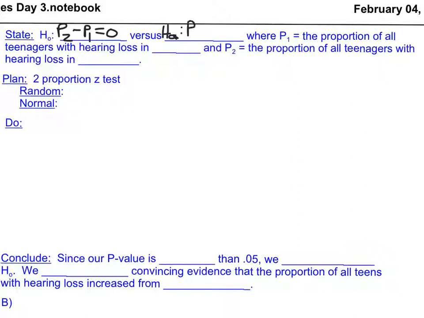So HA is going to say that P2 minus P1 is greater than 0. Now if I'm going to make it a greater than, then I need to make it really clear here that P1 is the proportion of teens with hearing loss in 94. P2 is 06. So if I set it up that way, HA is consistent with saying that I think that the rate of hearing loss, or the proportion from 06, is going to be bigger.